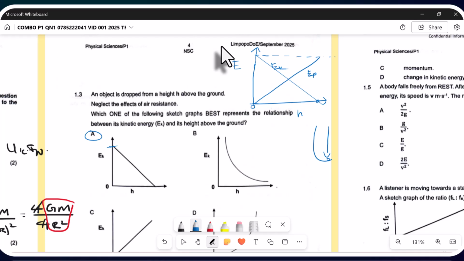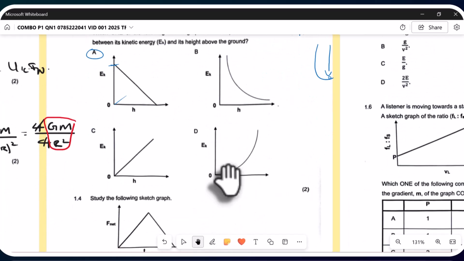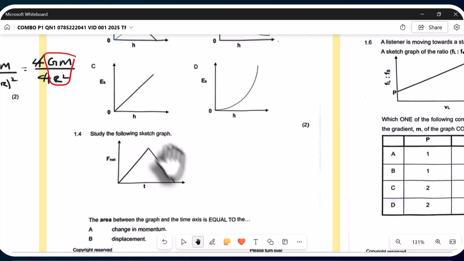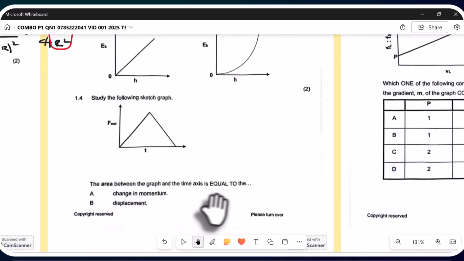Note that when the body falls freely, it is losing potential energy and at the same time gaining what? Kinetic energy. In other words, the potential energy E which has been lost is equal to the gained kinetic energy. And how do you find the kinetic energy?